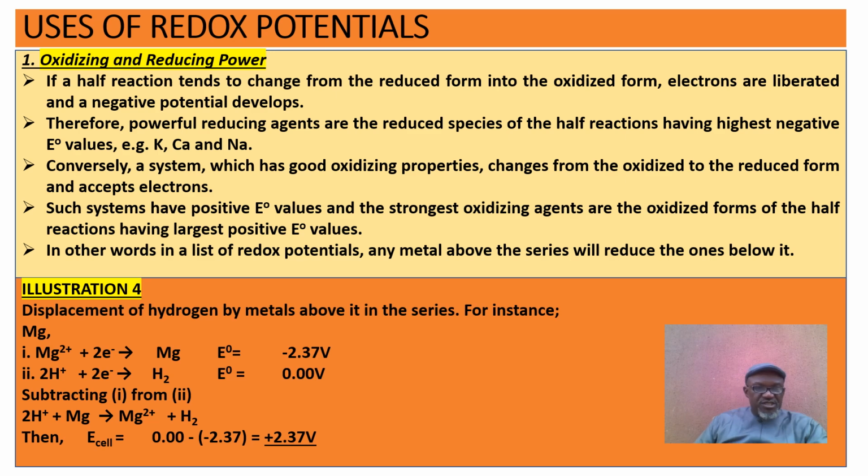Uses of redox potentials. We can use redox potentials for a lot of things. One is to find the oxidizing and reducing power. Remember, I talked about the activity series in the last module. So if the half reaction changes from reduced form to oxidized form, electrons will be liberated, which means powerful reducing agents are reduced species of half reactions with the highest negative values, e.g. calcium, potassium, sodium.